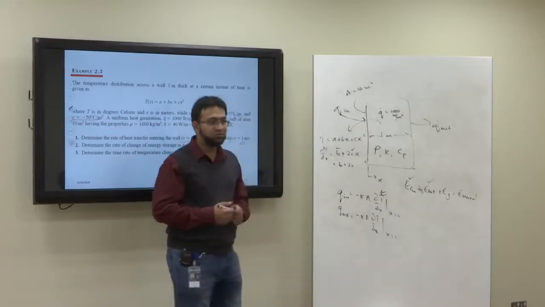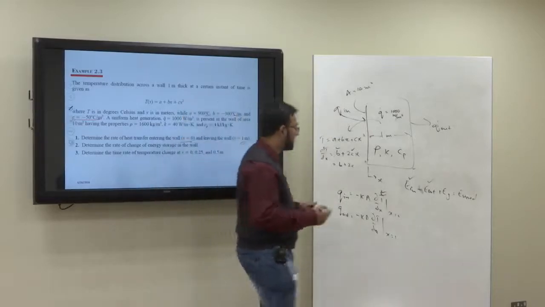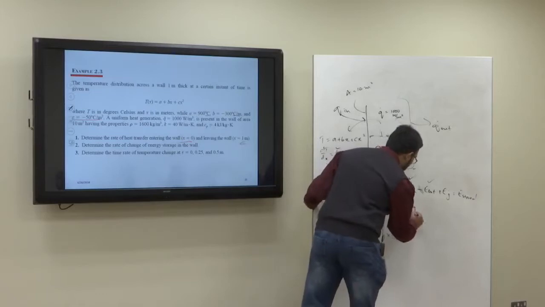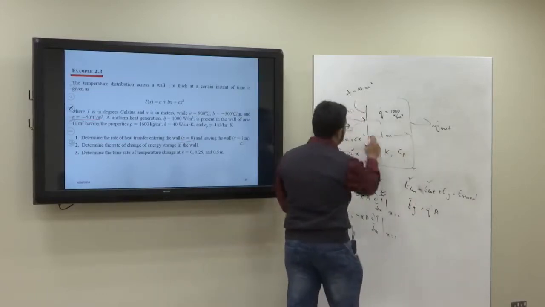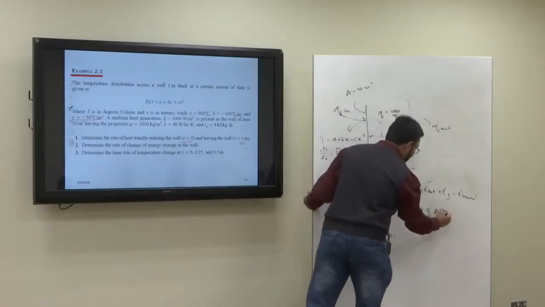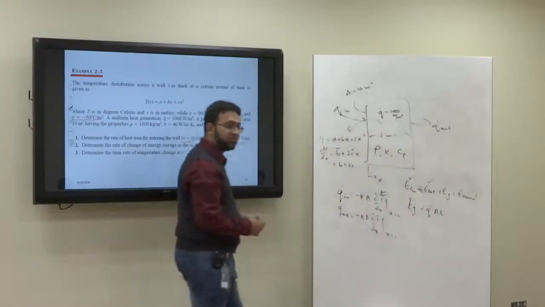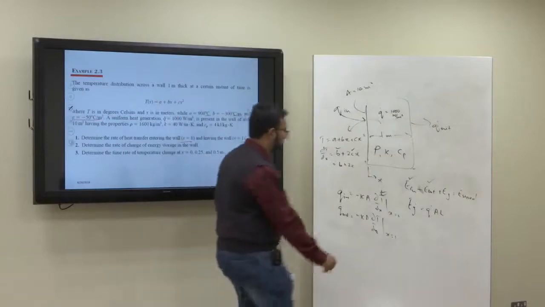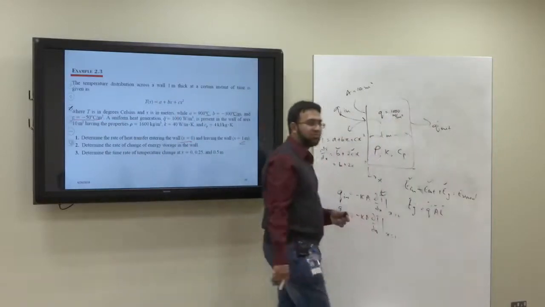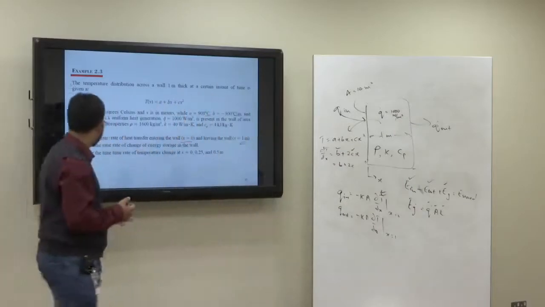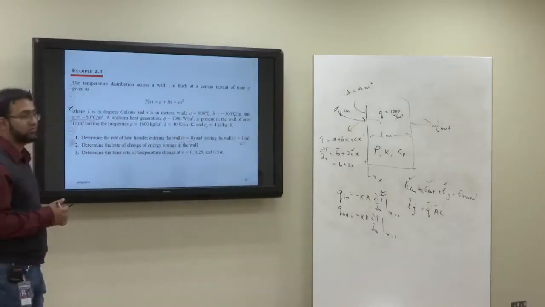So E generated will be Q multiplied by area multiplied by this length L, thickness. Is that clear? And everything is given. So you get this, this is the energy stored. Determine rate of change of energy storage in the wall.